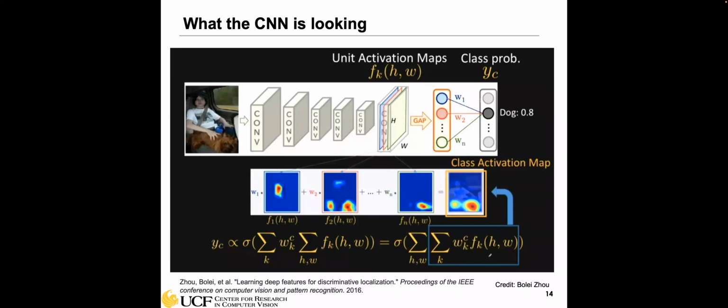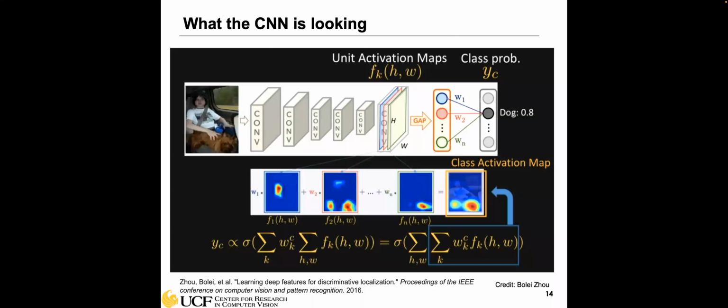If you look closely, this is exactly the weighted sum of all these feature maps. f_k(h,w) means each individual feature channel or feature map, and w is the corresponding weight for each of the global pooled values. So here is just a weighted sum of all these feature maps.